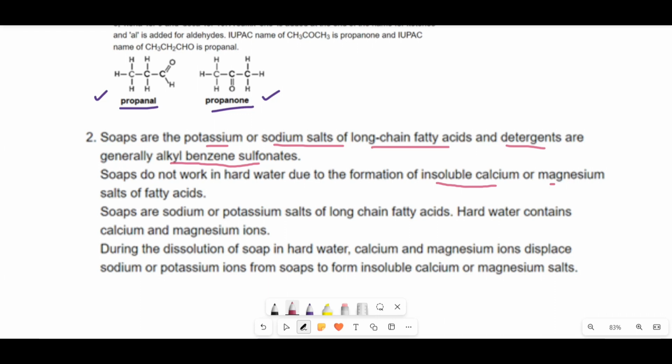So this is the explanation. During the dissolution of soap in hard water, calcium and magnesium ions displace sodium and potassium ions from the soap and form insoluble calcium or magnesium salt. That's why soap is not dissolving in hard water. Clear? Now, next question.